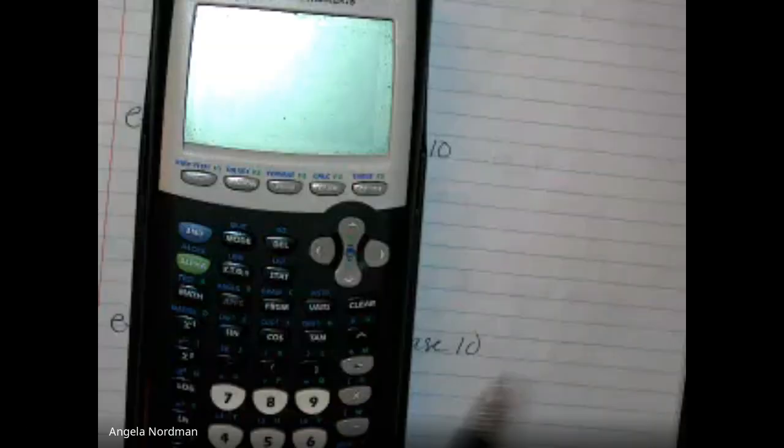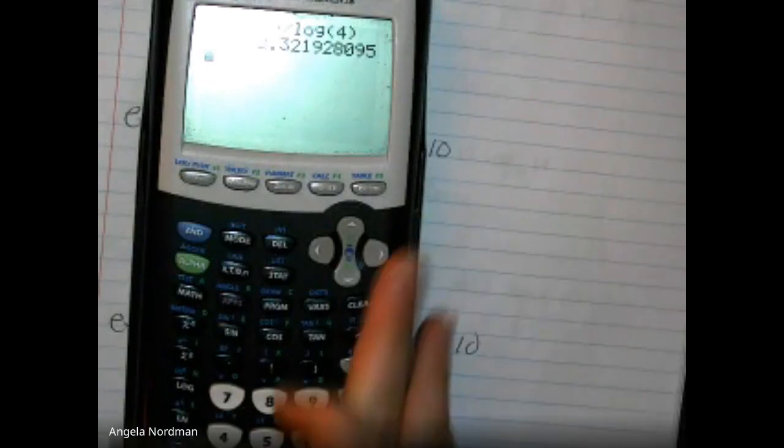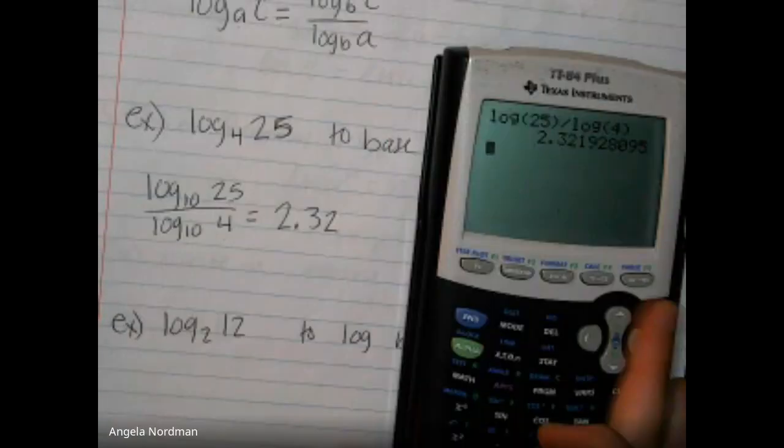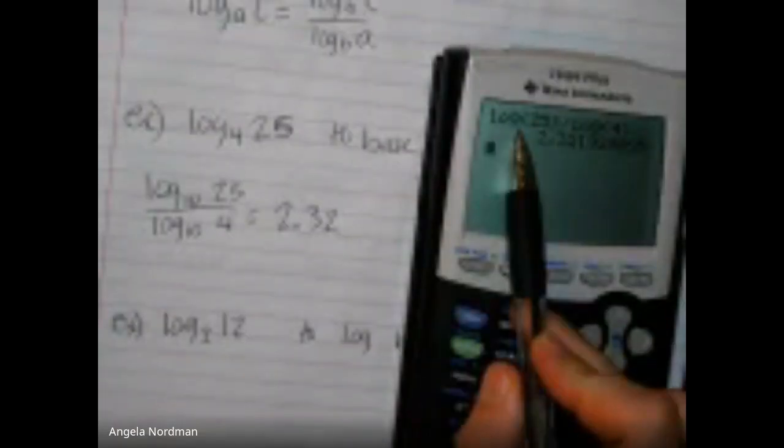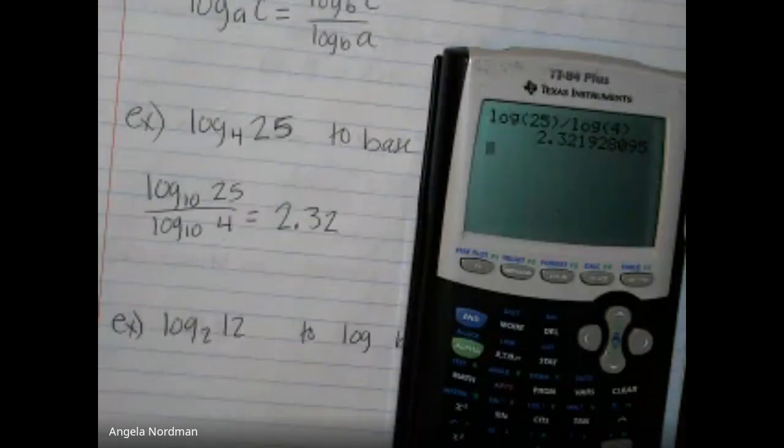I'd be able to say log of 25 divided by log of 4, and I would get 2.32 for that. I don't have to write the base because my common log base is 10. So technically when I just have log, it's assumed the base is 10.